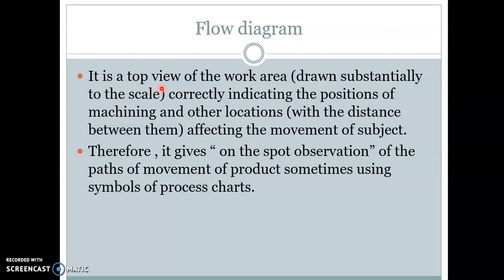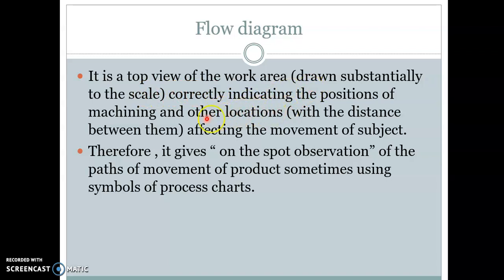So it may be a string diagram or a flow diagram. Usually a string diagram is preferred over a flow diagram if paths of movement are very much involved, congested and difficult to trace on a flow diagram. A flow diagram is more suitable for simple cases. Basically, a flow diagram gives us a top view of the work area which is drawn to scale.